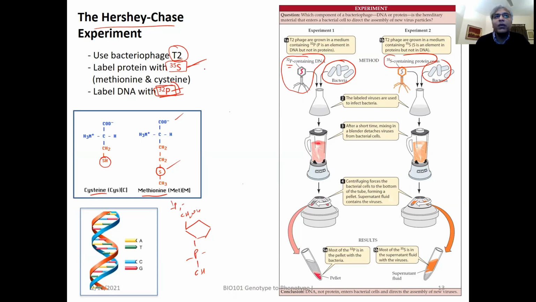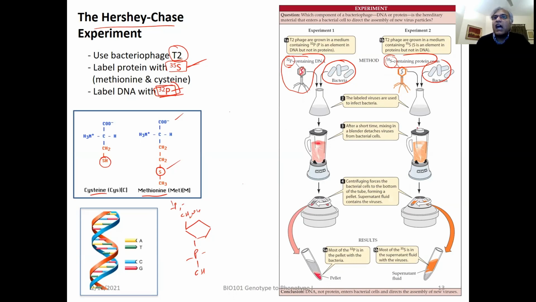We know sulfur is a component of amino acids, so the proteins of the virus will be radiolabeled. And here, DNA will be P32 labeled. Phage will infect this bacteria.